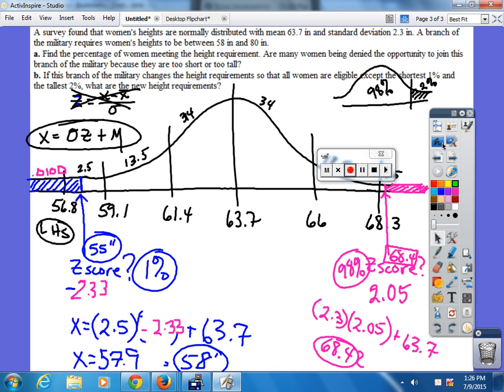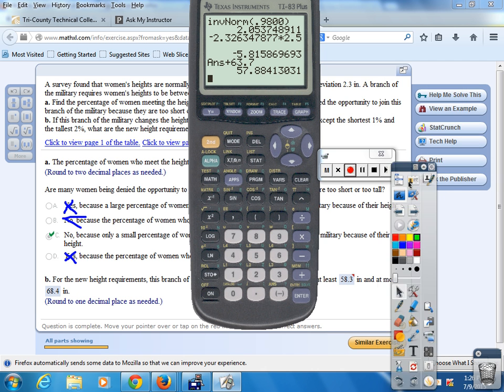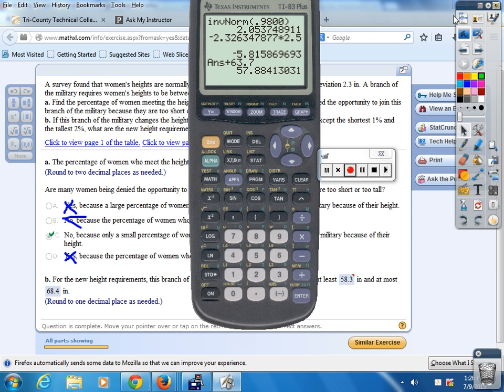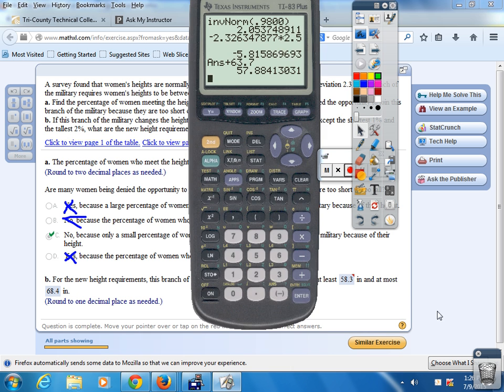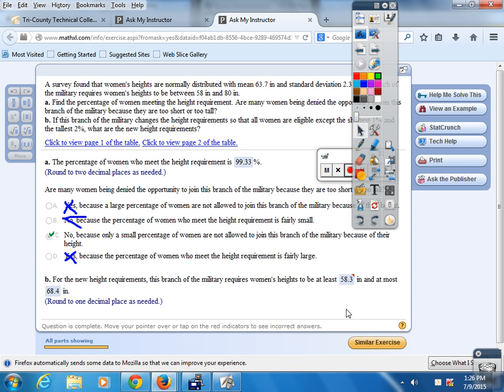So we're going to go back and look. I don't want to have to answer all them questions, but I think this one's wrong. I think it should be 58. What did we say, 58? That's what I think it should be, but let's see what they did.